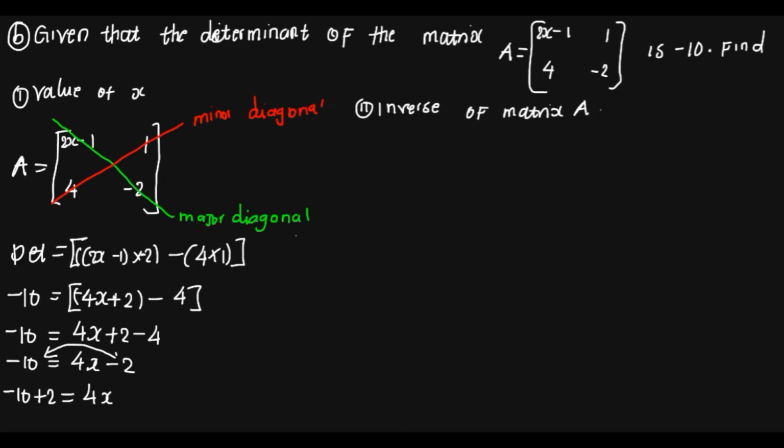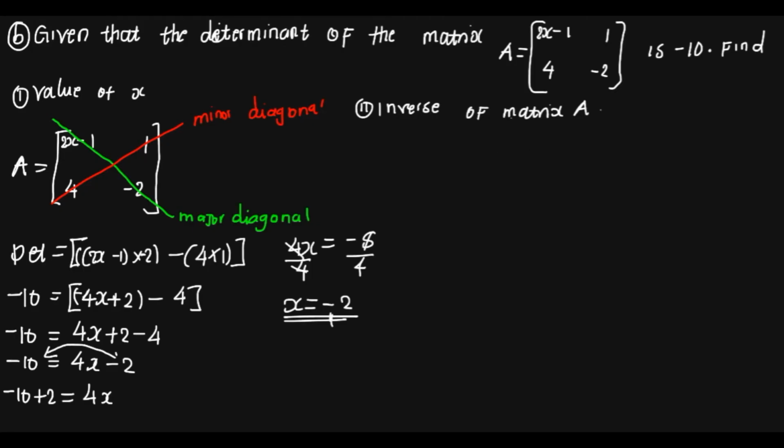Then 4x is equal to -10 plus 2, which is -8, over 4. x is equal to -2.